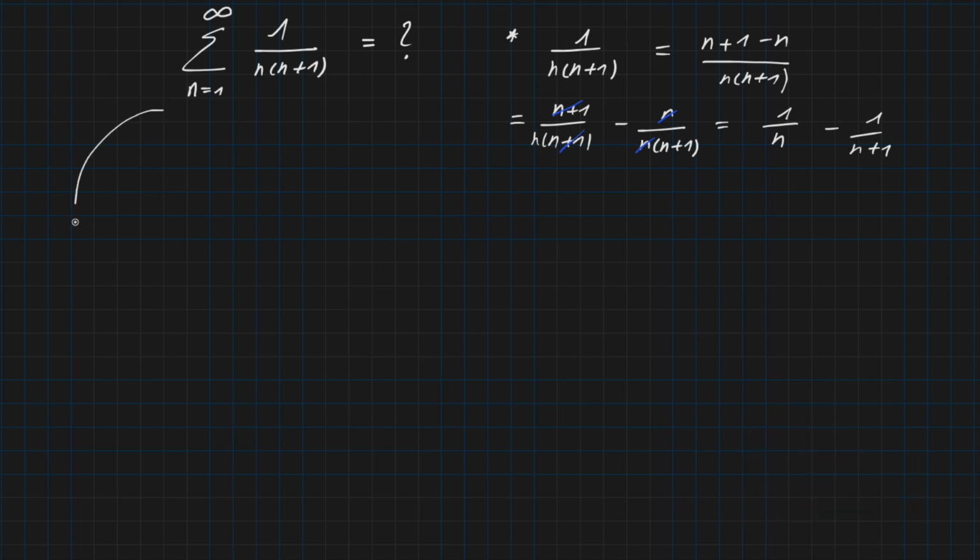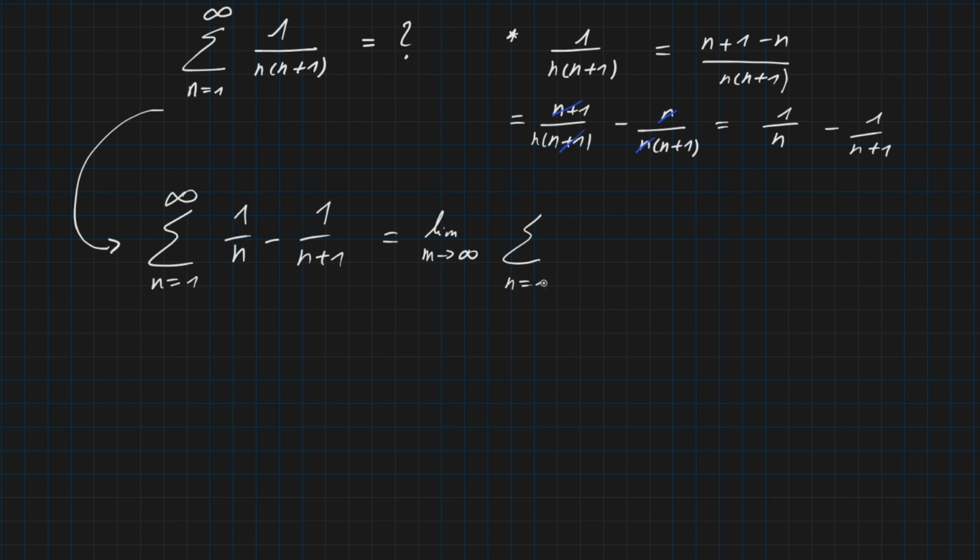So this series becomes the sum from 1 to infinity of 1 over n minus 1 over n plus 1. So let's write this infinite sum in a different way. We have the limit where m tends to infinity of the sum from n equals 1 to m of, again, 1 over n minus 1 over n plus 1.